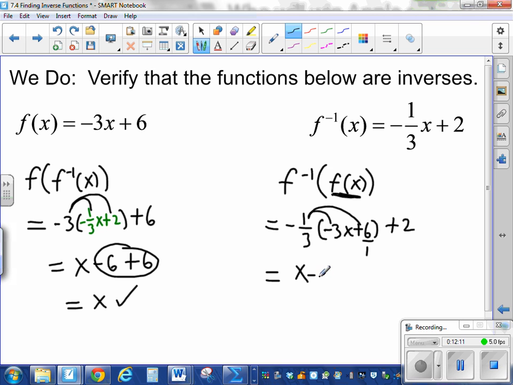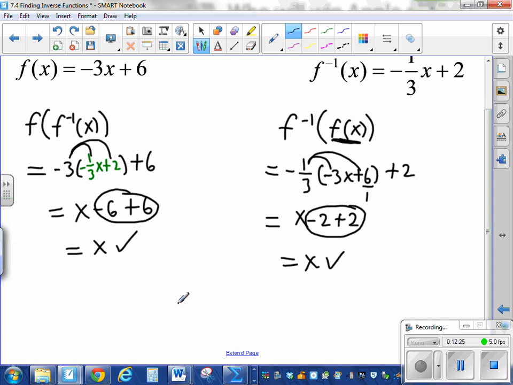Positive times a negative, so it's going to be a minus 2 plus 2. And those are opposites once again, so you get x once again. Since you ended up with x with one composition and the reverse composition, that means that this is verified.